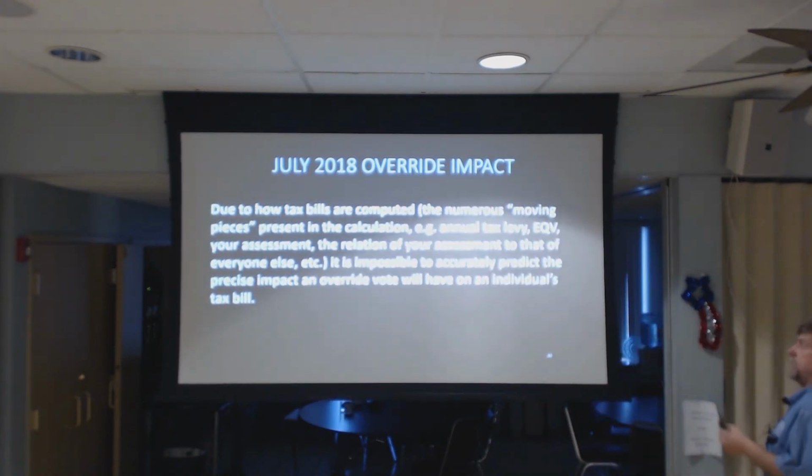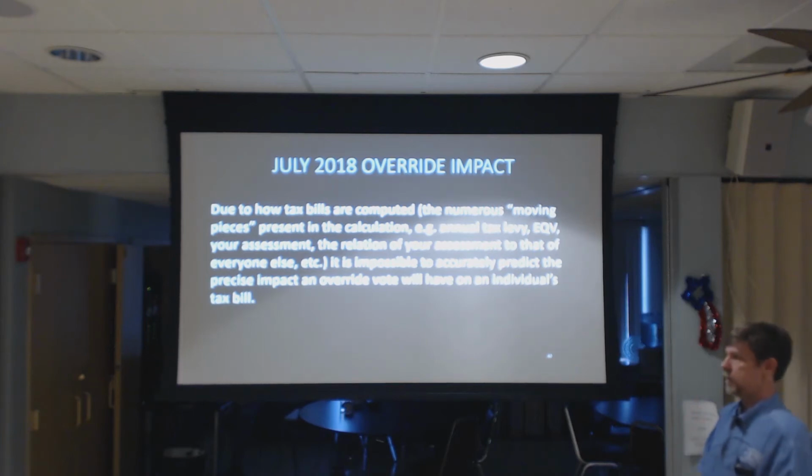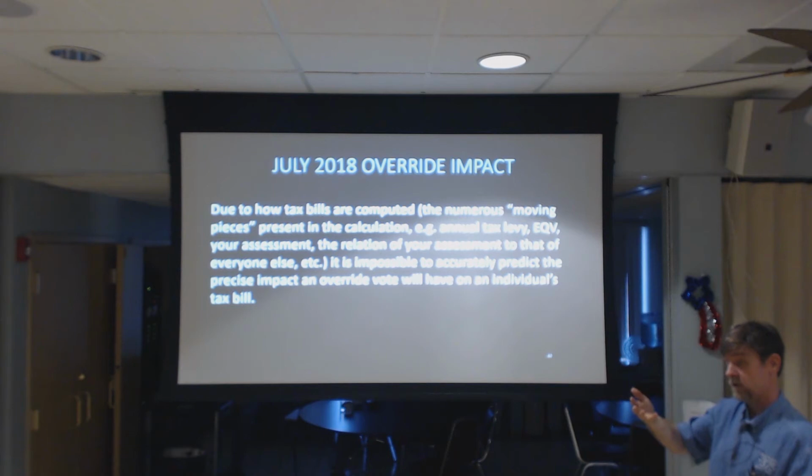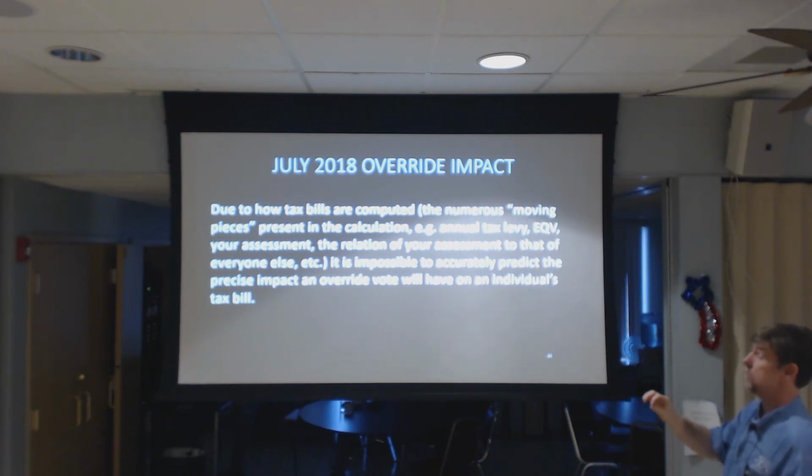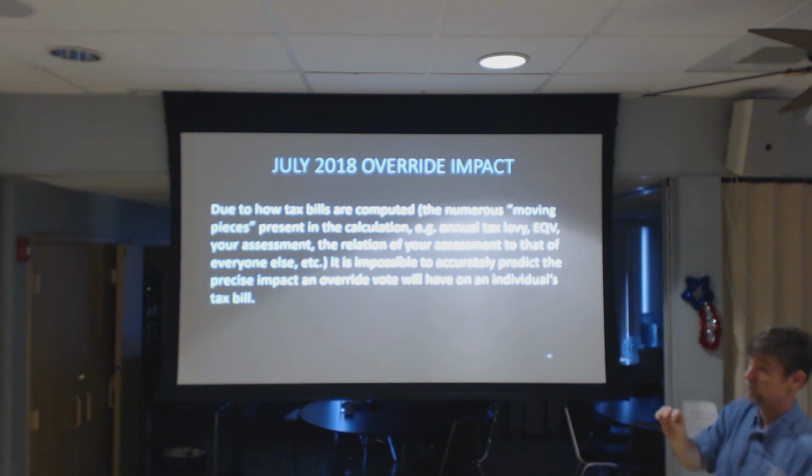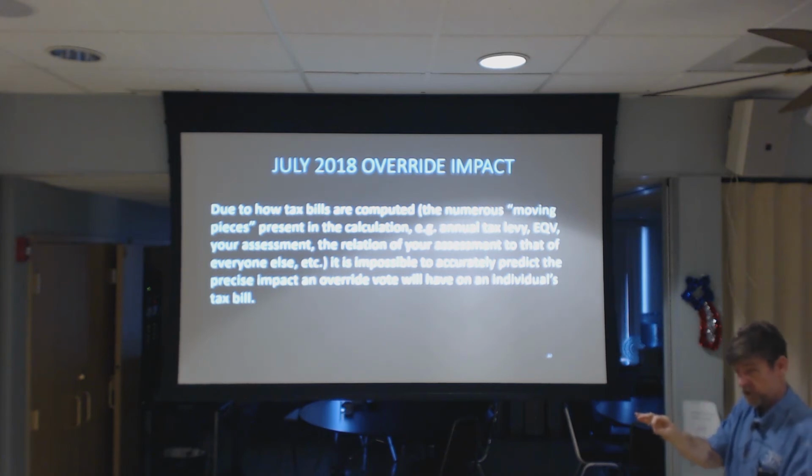Now, due to how our tax bills are computed, and you've seen that we have all these moving parts that don't really come together until the fall, all we can really do is give you an estimate and a rough approximation, because the levy limit might vary a little bit, the EQV is going to vary a little bit, and your assessment might change between this year and last year.